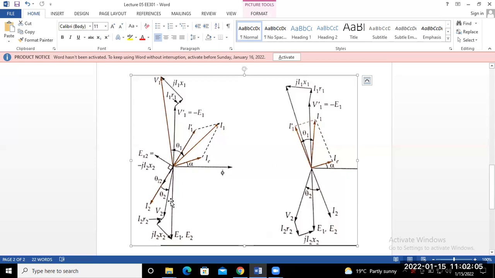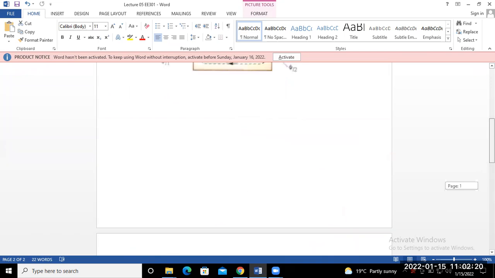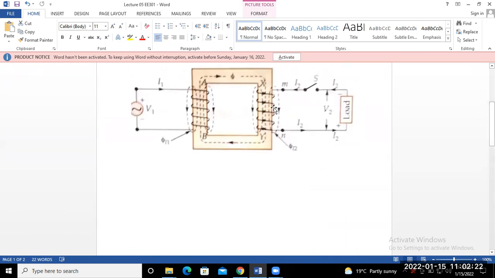Since you know that your load is a lagging power factor load, this is your actual transformer. Whatever EMF is induced in the secondary coil is represented by E2 here, is it not?